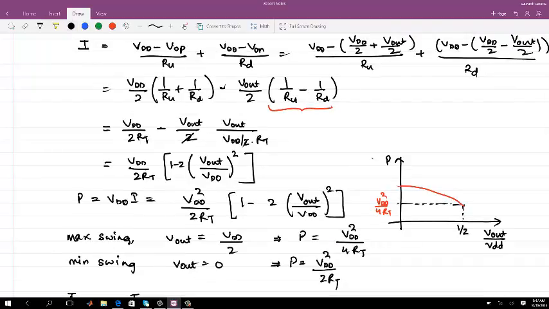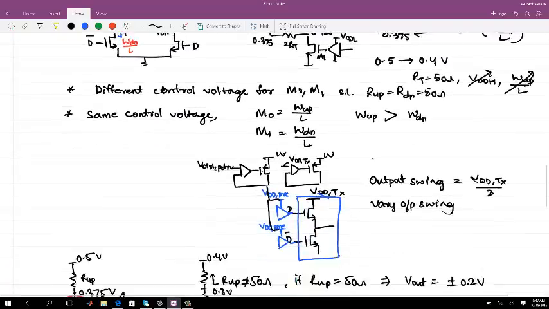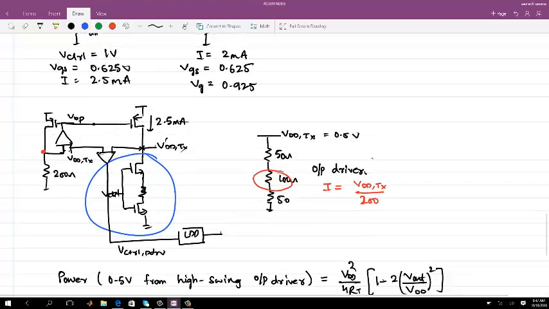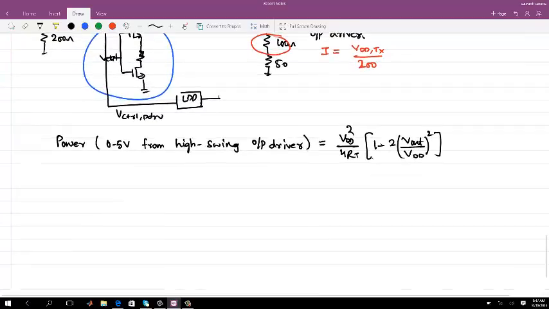Here VDD is equal to 1 volt. Normally you get V out equal to half a volt. Now, 0.5 is actually peak to peak differential, so this is plus minus 0.25 volt from a 1 volt supply. So this is 1/4 of the VDD.